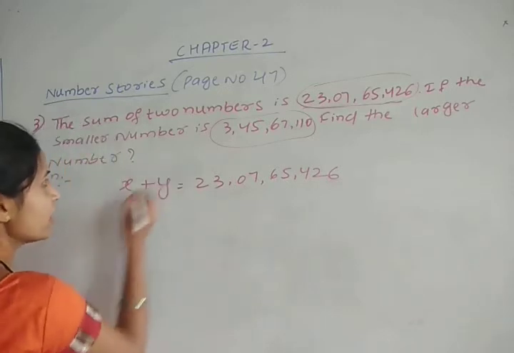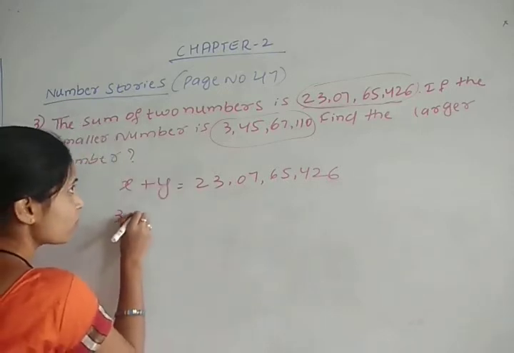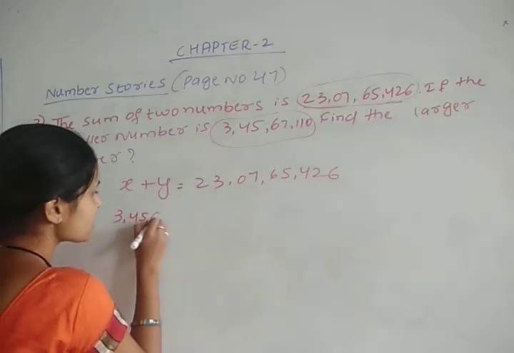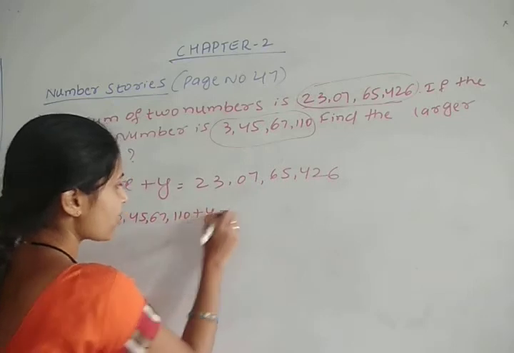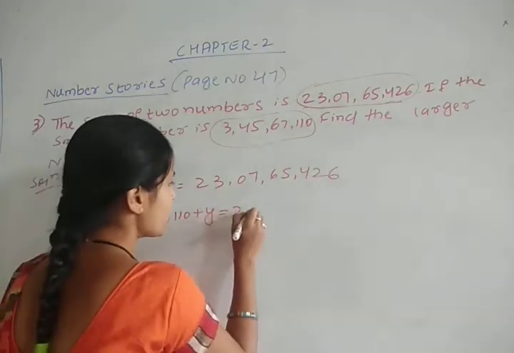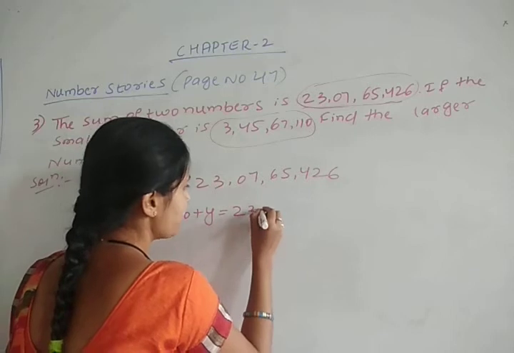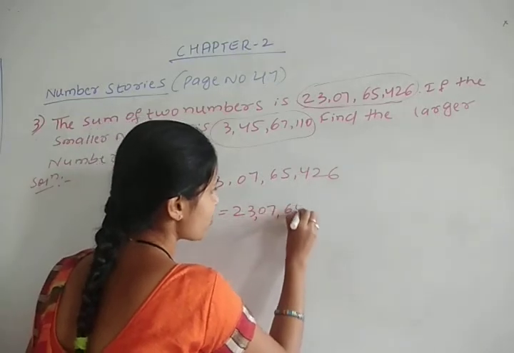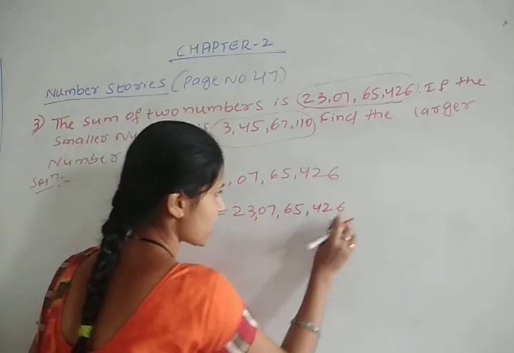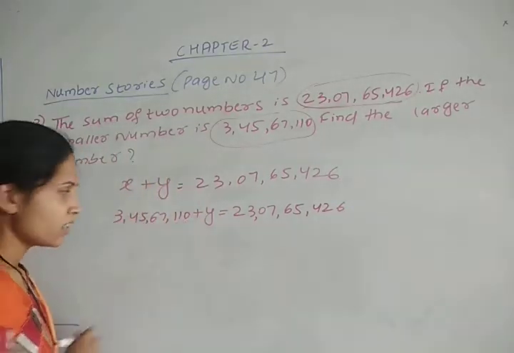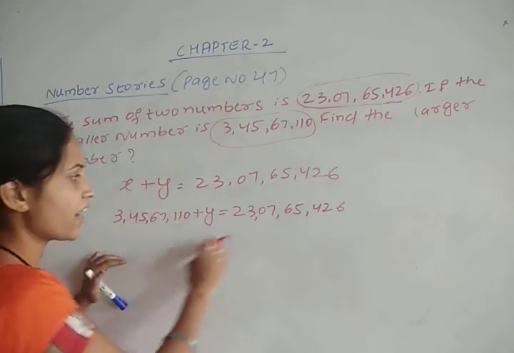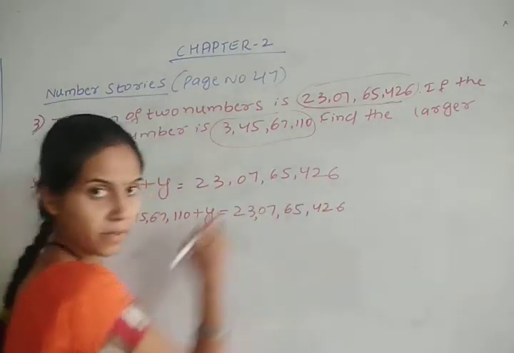Now I will place 3 crore 45 lakhs 67,110 in place of x, and I will write y as it is. Again I will write 23 crore 7 lakh 65,426 as it is. So now we have written the smaller number and the sum of the two numbers.